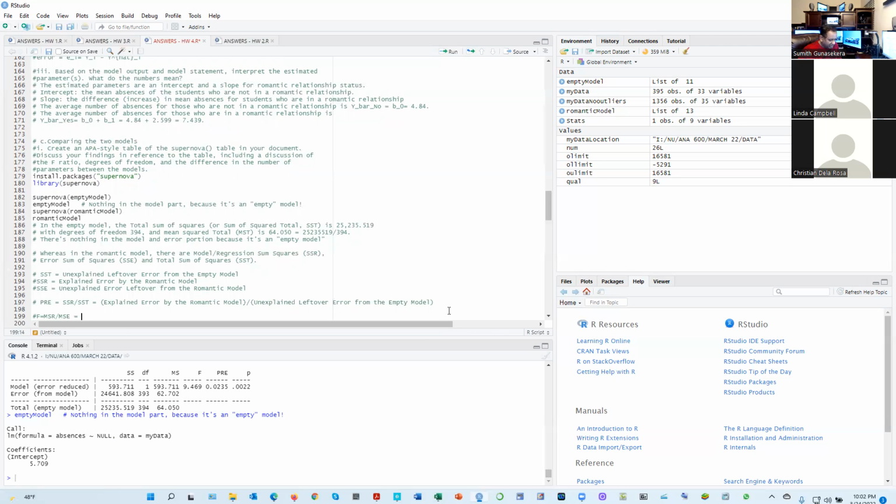That's nothing but sum of squared regression divided by degrees of freedom of regression, divided by sum of squared error divided by degrees of freedom of error.